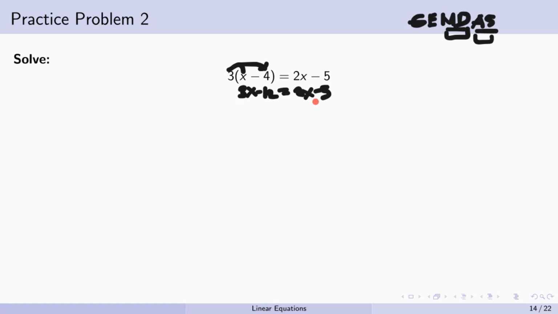So if we want to move every x to the left side, then we must let this 2x be out of this right side. So in order for us to do that, we may subtract 2x both sides.